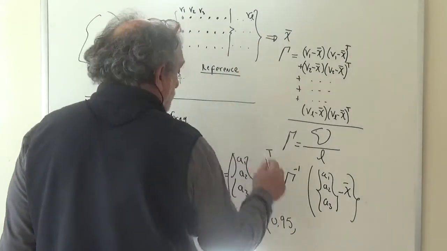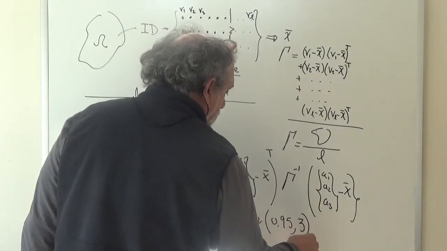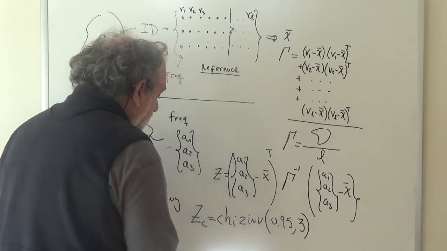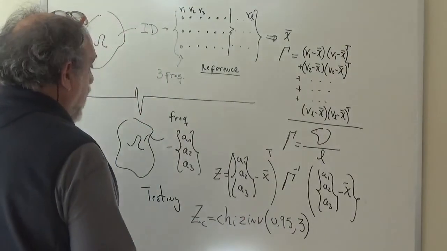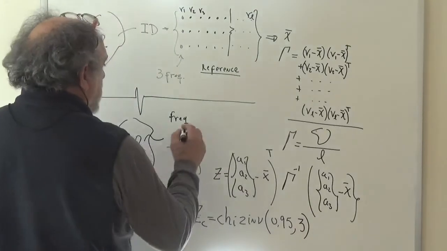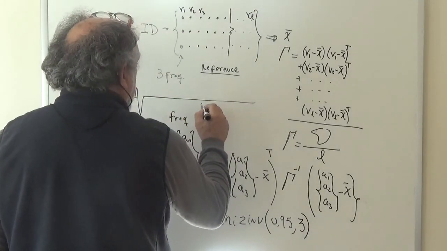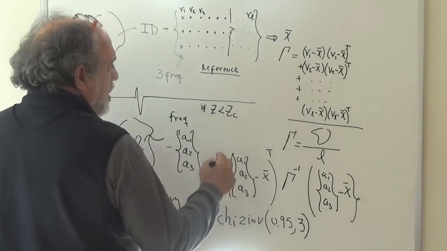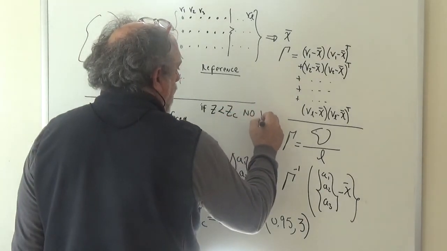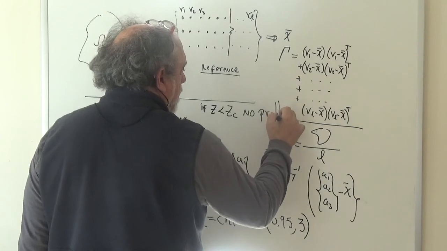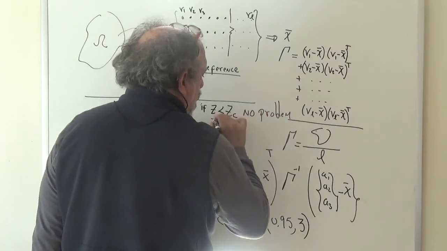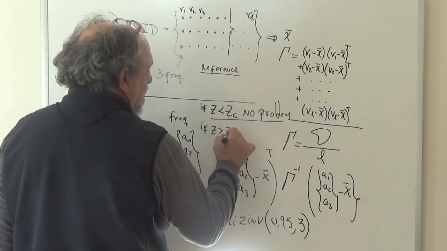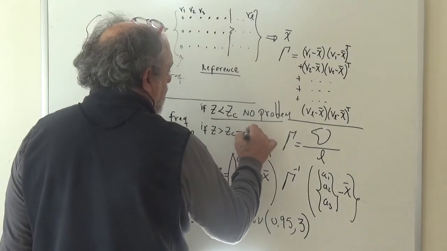And how many degrees of freedom? 3. So we run that command and we find Z critical. Then we compare, and we say, if Z is less than Z critical, no problem, or at least we do not announce damage. If Z is greater than Z critical, we announce damage.